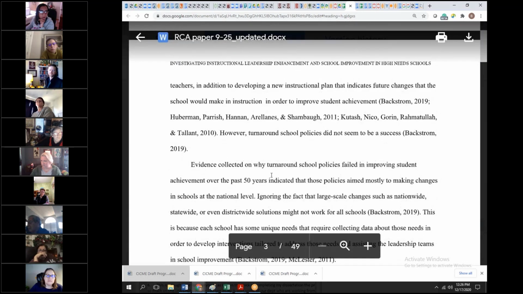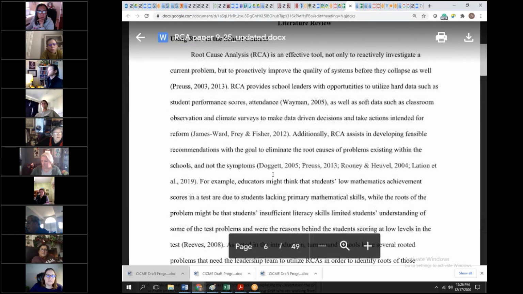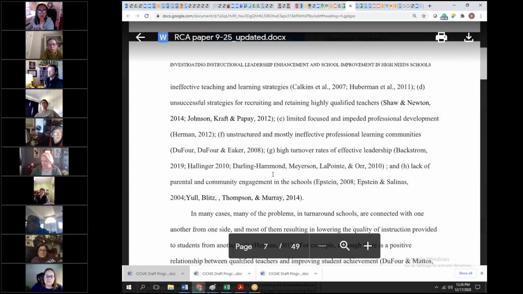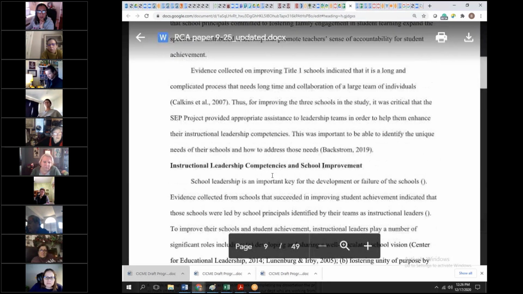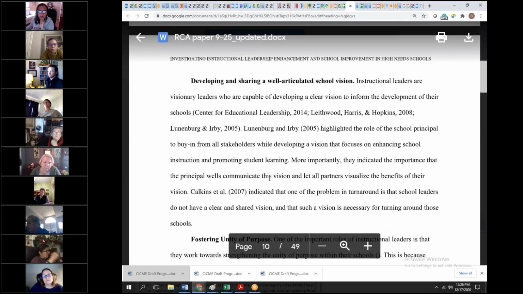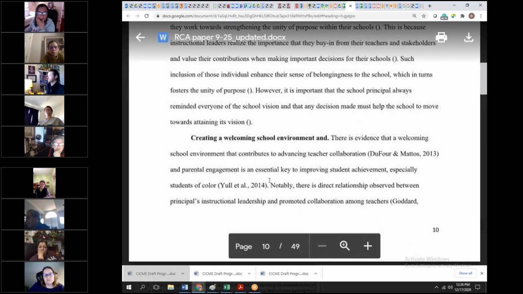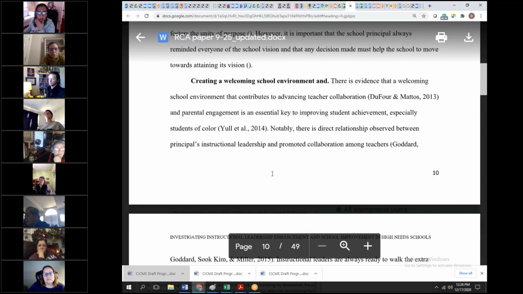So it hasn't changed much up there, but a lot of the pieces down in the literature review have changed. You'll notice this is a pretty hefty, lengthy paper. We were looking at several root causes and going to put them in there, but we decided to go with just one, and you'll see some things that we've worked on.